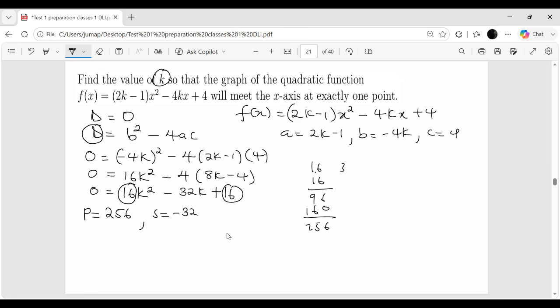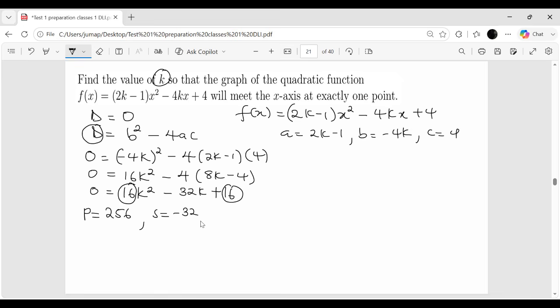Okay, so what this just tells us is that we have to look for two numbers such that when you multiply them, you get 256.